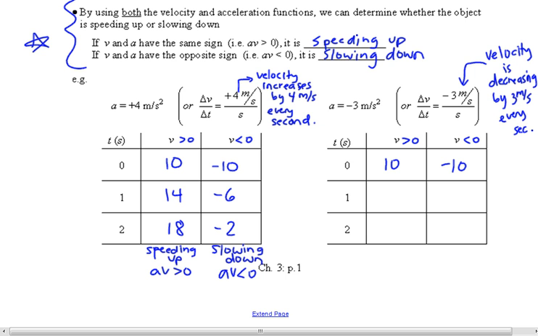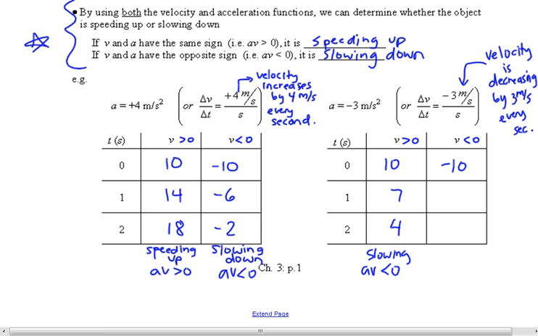Okay, so at 10, now what's happening one second later? What's our velocity? 7, one second later, I guess, 4. So we are slowing down. We had a negative acceleration and a positive velocity, positive direction. So A times V is less than 0.